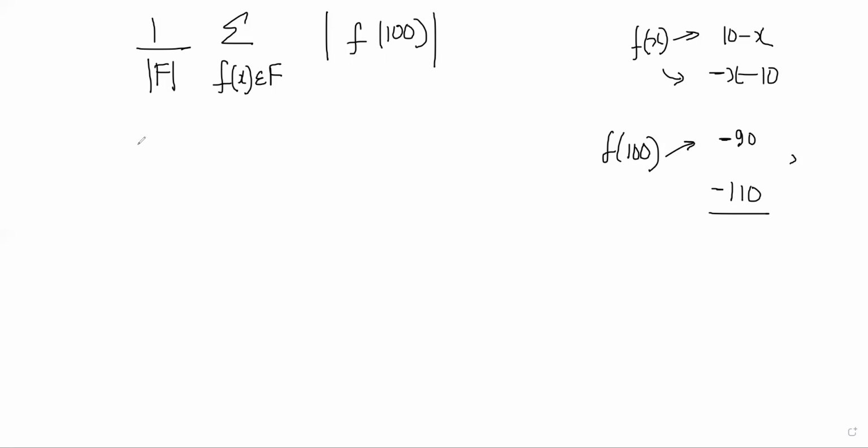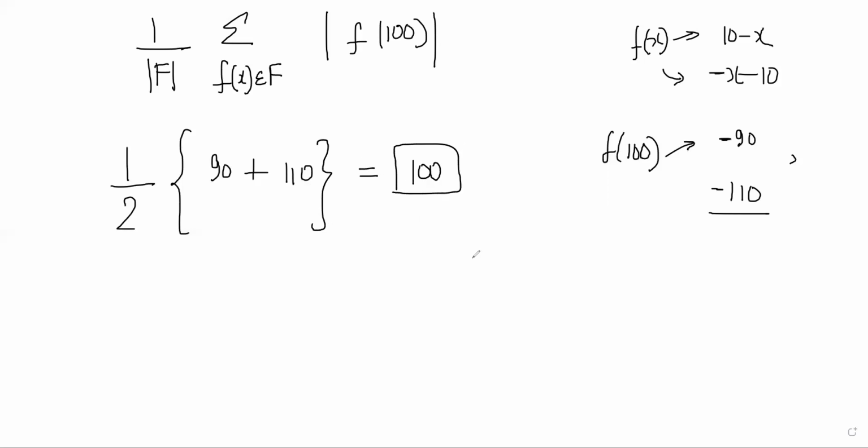So you are getting, this is 1 by 2 because two elements in this set, and mod of f of 100 summation you have to do. So 90 plus 110, answer will be 100.